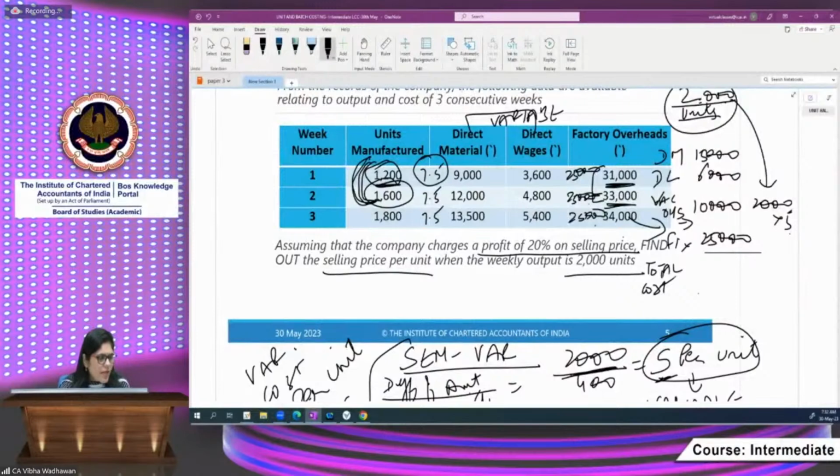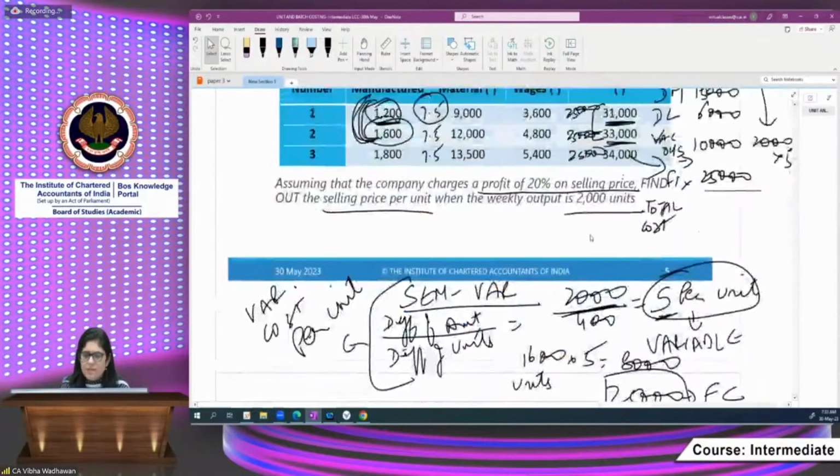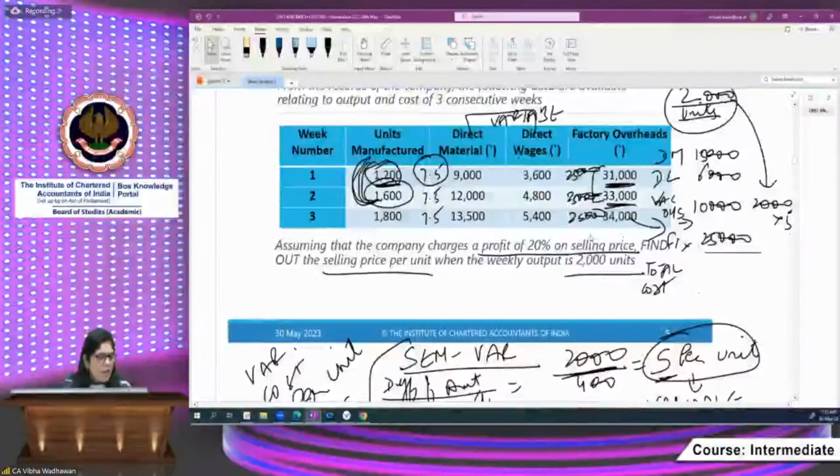Variable cost is not 9,000, Mayur. Variable cost is 10,000. 5 per unit. 9,000 is for what? You must have done for the third week. How much is total cost?